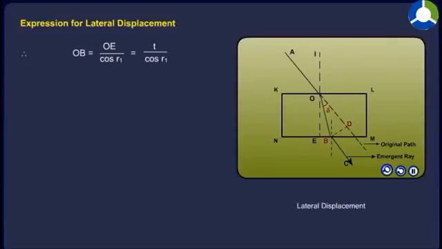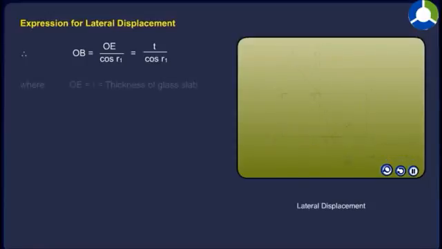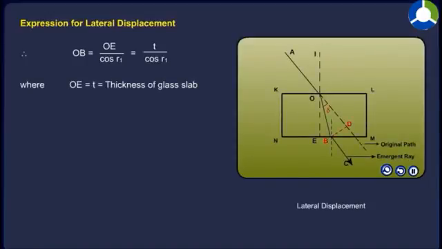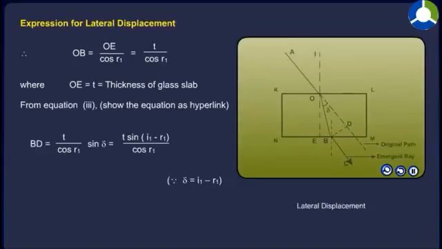Therefore, OB is equal to OE upon cos R1, which is equal to T upon cos R1, where OE is equal to T, the thickness of the glass slab. From equation 3, BD is equal to 1 upon cos R1, sin delta is equal to T sin of I1 minus R1 whole upon cos R1, since delta is equal to I1 minus R1.